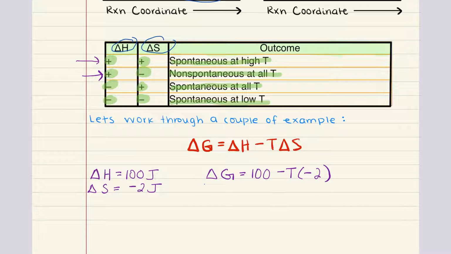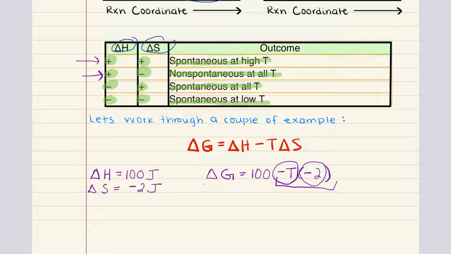Now I want you to keep in mind that temperature here is in Kelvin. If it's in Kelvin, it can never be a negative number. That means that this term right here will be positive because we have negative T multiplied by negative 2.